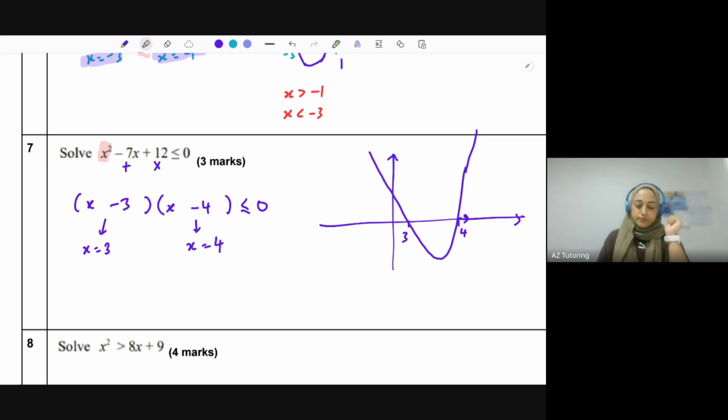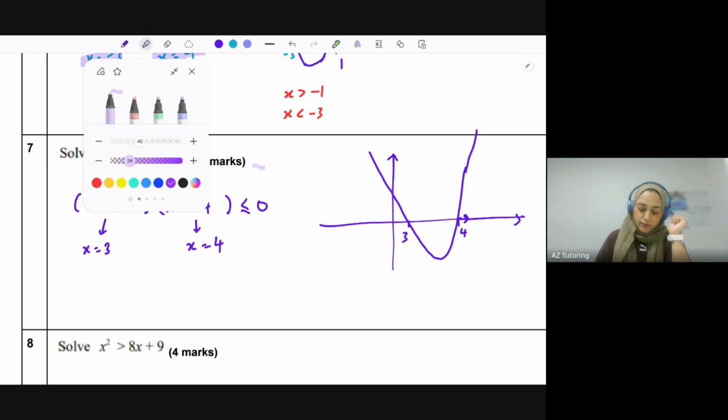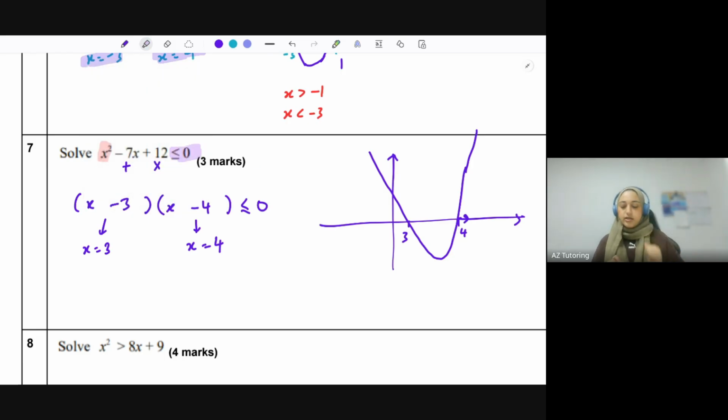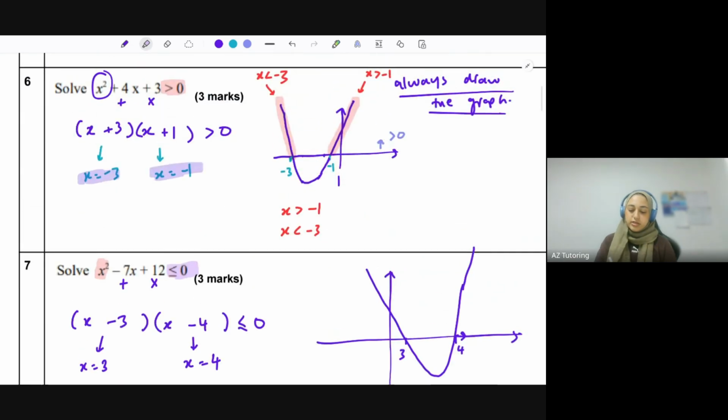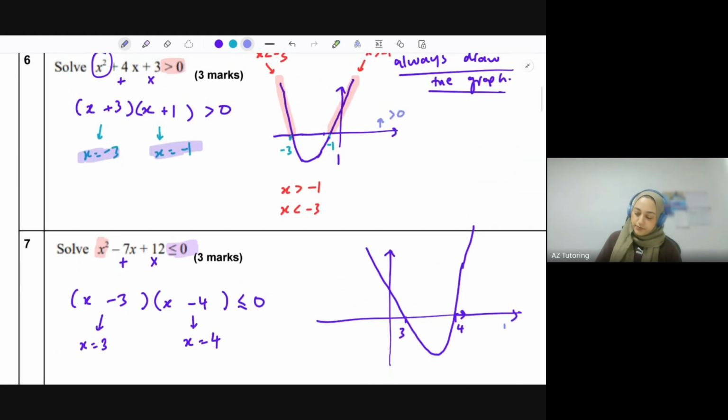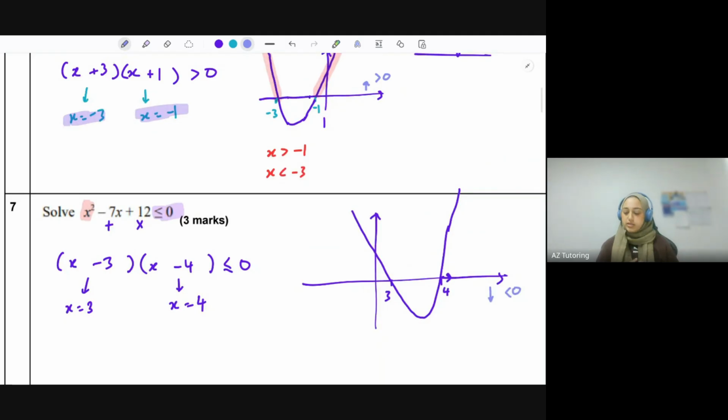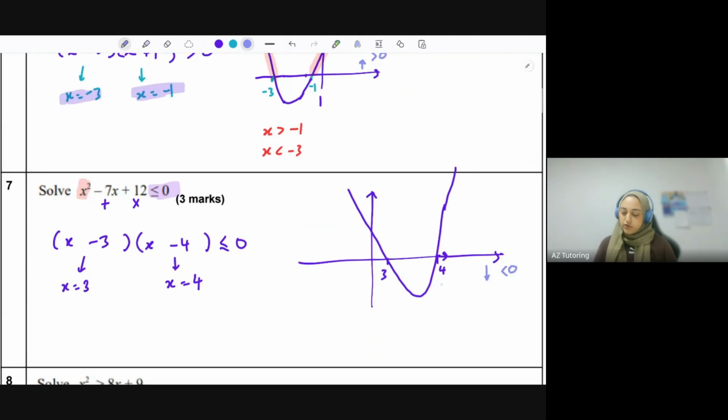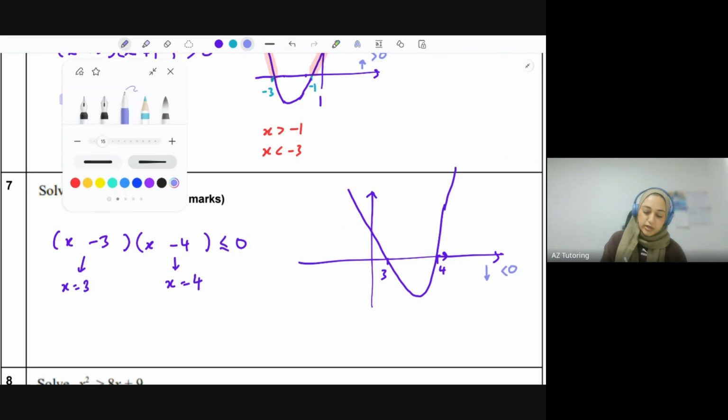This time I want the graph where it's less than or equal to 0. Before, we said more than 0 is above the x-axis, so this time we're looking below the x-axis because that's less than 0. Those are the two things you need to understand, more than 0 or less than 0. So where is the graph underneath the x-axis? Well, it's here.